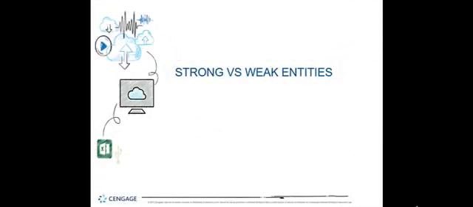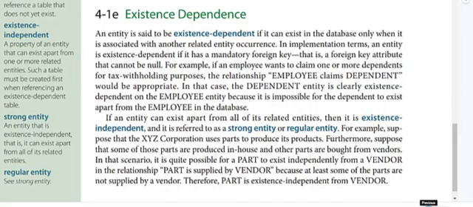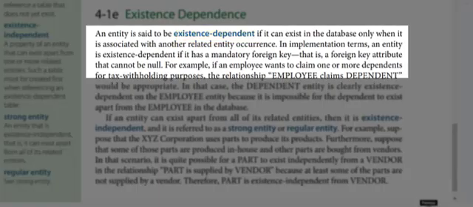Now we're going to introduce the concept of strong and weak entities, but before we get there, I have to introduce a few terms. These terms are existence dependent and existence independent. An entity is one or the other. An existence dependent entity can exist in a database only when it is associated with another related entity occurrence.